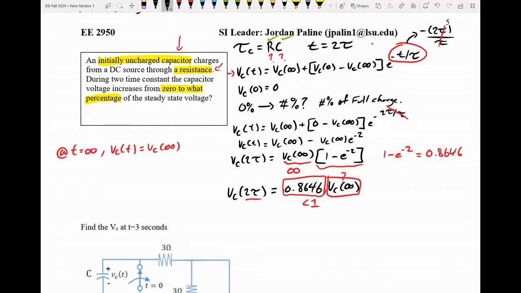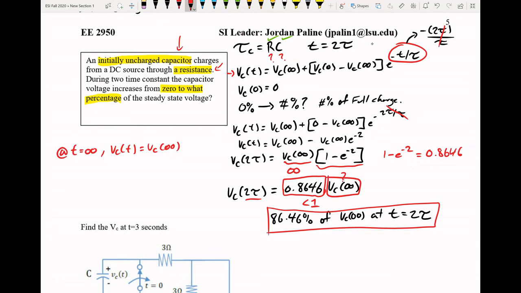So we are going to be at 86.46% of V of C infinity at time equal to 2 tau. Okay, so that's an example of a problem you might have whenever there are no actual given numerical values.